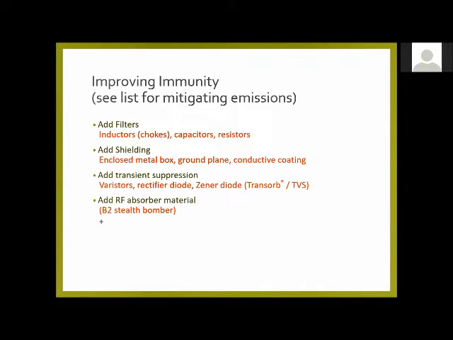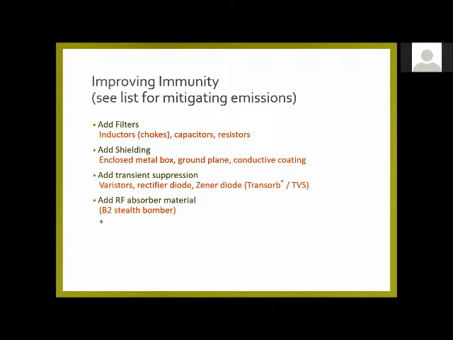So how then do we improve immunity? Immunity, as we mentioned, is the susceptibility of a device to being affected by emissions from something else. Well, it turns out that the types of things that we do to improve immunity of a device are the same as what we would do for emissions of a device.